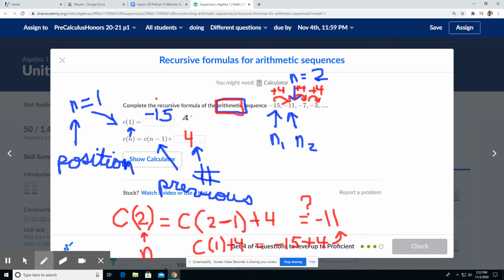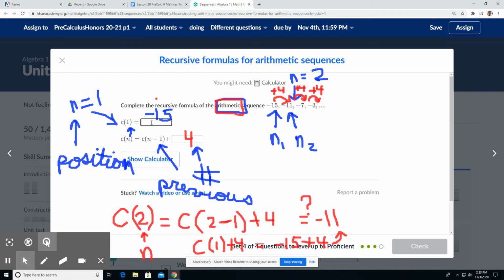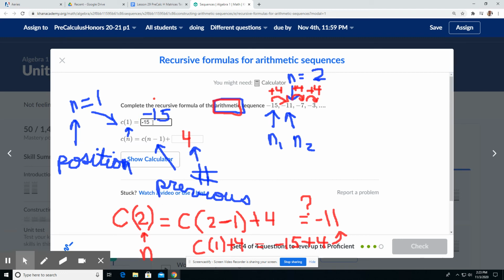So that's how this works. And I really wanted to go through this with you because all the symbols and the terminology and the way this is built can be kind of confusing because it's a new way of looking at how a sequence can be generated. Okay, so let's go ahead and plug these in. I got negative 15 for that entry and 4 for that entry.